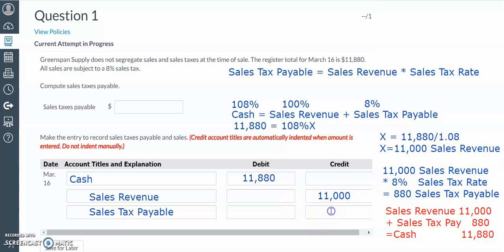So that's how you can make sure that you've calculated this correctly. And this relationship holds true, right? Because you're able to see that your sales revenue, 11,000 is what you've solved for, plus the sales tax payable of 880, which is the 11,000 times that 8% rate gives you your 880, equals the cash amount that we were given in this problem.